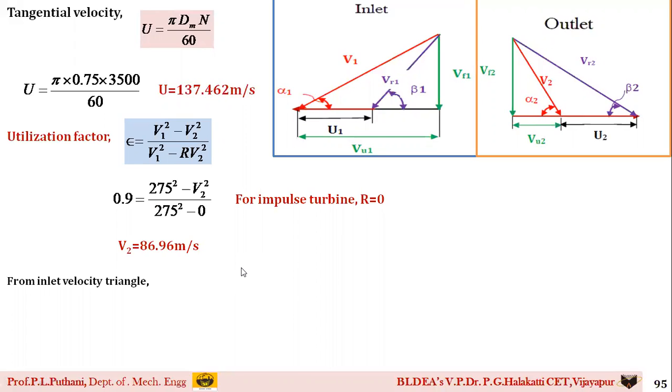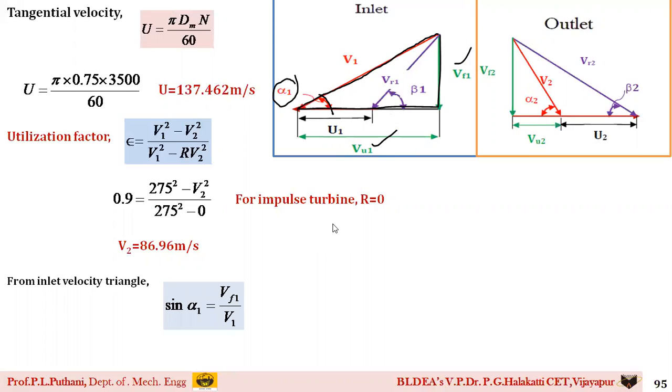So right now I will take the help of the trigonometric functions for this particular triangle, which I am highlighting with the black color for the inlet velocity triangle, where I have an angle alpha 1. So I can use sine alpha 1, I will get the value of Vf1. Similarly, if I make use of tan alpha 1, I will get the value of Vu1.